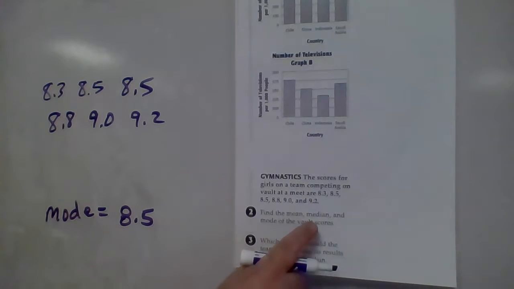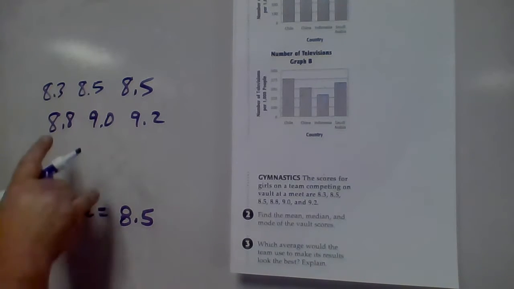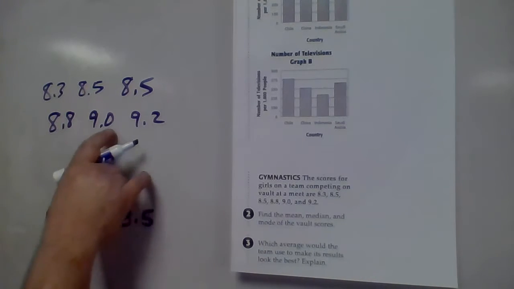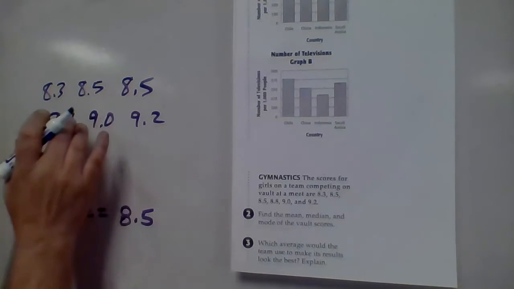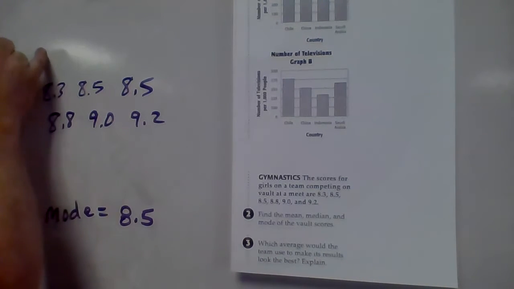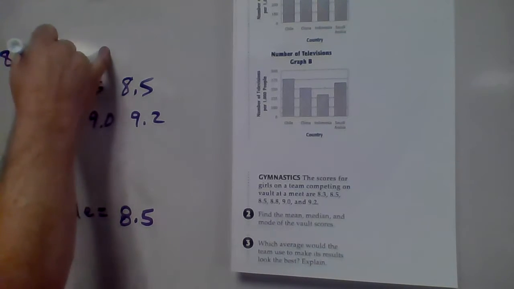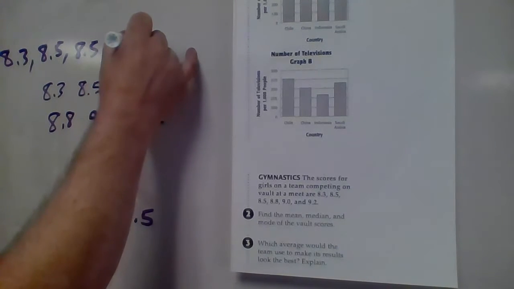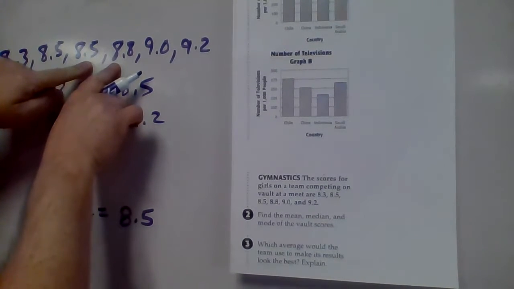Let's find the median next. That means putting the numbers in order from smallest to largest. Are they in order from smallest to largest? Yep, they already are, but they're in 2 rows, so that makes it a little bit difficult. I think what I'm going to do is rewrite them right here so that they're all in 1 row. And then let's find the middle number. Bump, bump, uh-oh. We got 2 middle numbers.